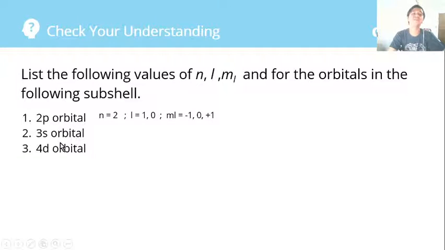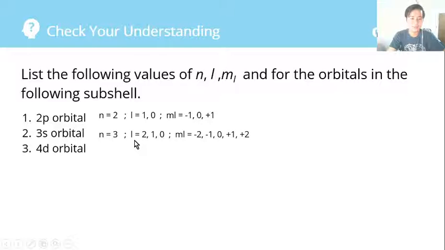How about the 3s orbital? What are the allowed values? It's easy. Okay, so what's the answer? There we go. We have n equal to 3, because here it's 3, the principal energy level.